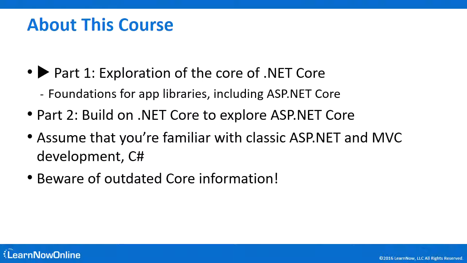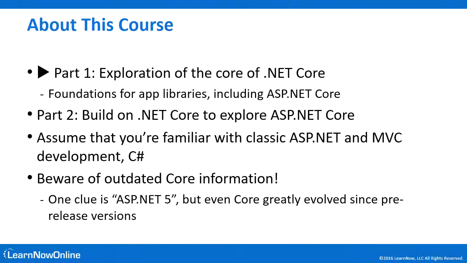Often, as Microsoft releases new products, that's not really a big problem, but it is with .NET Core and derivative technologies. And one big sign is that if you see a reference to something called ASP.NET 5, that was the first name that Microsoft was calling what is now ASP.NET Core.